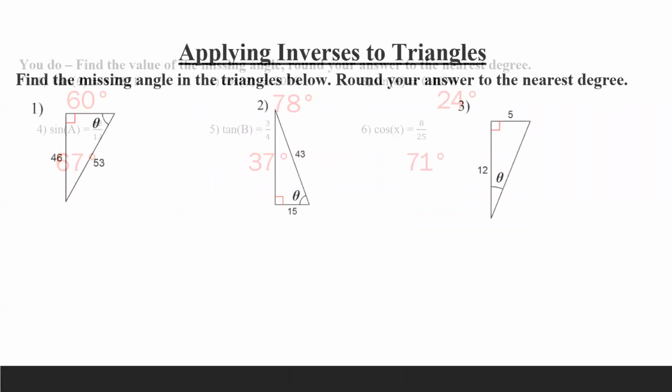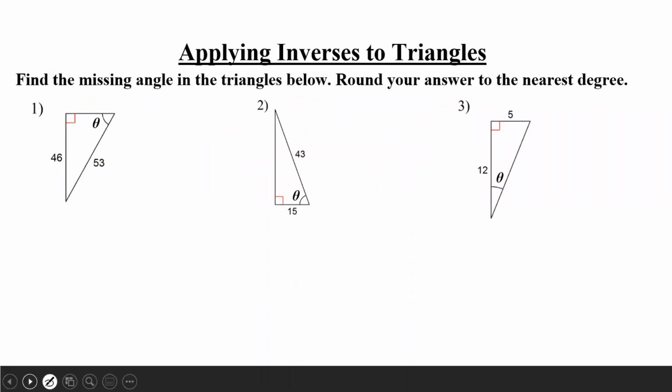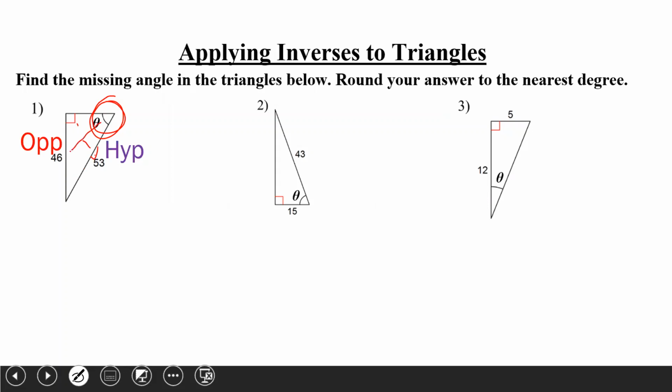So now we're going to take it to the next step, and we're going to apply it to a triangle. Right, so now you have to make the ratios. So this is review of what we did before, right? I circle my angle. I'm looking at this theta. So I say, okay, what sides are marked? I know my hypotenuse, right? It's across from 90. And I know my opposite. 46 is across from the theta, across from the missing angle.